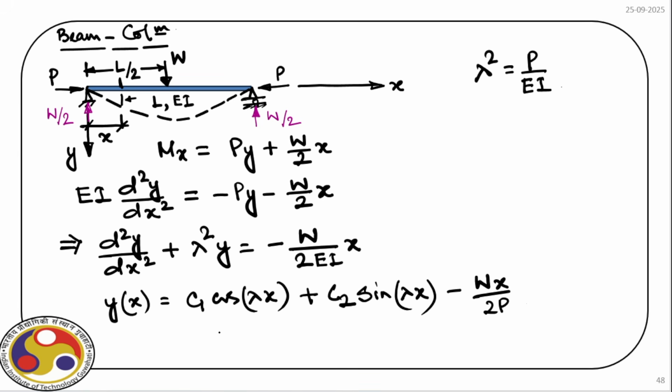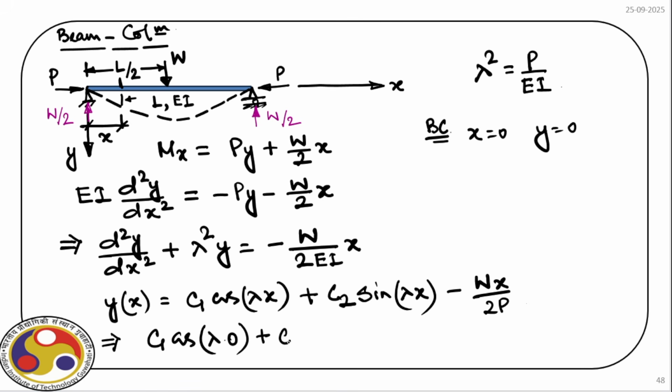Now we have to apply boundary conditions. So first boundary condition is x equal to 0 offers y equal to 0. So if we apply that, we have C1 cos of lambda times 0 plus C2 sine of lambda times 0 minus W times 0 divided by twice P. This is equal to 0.